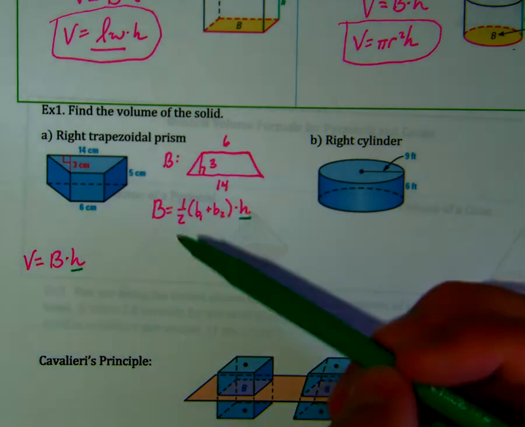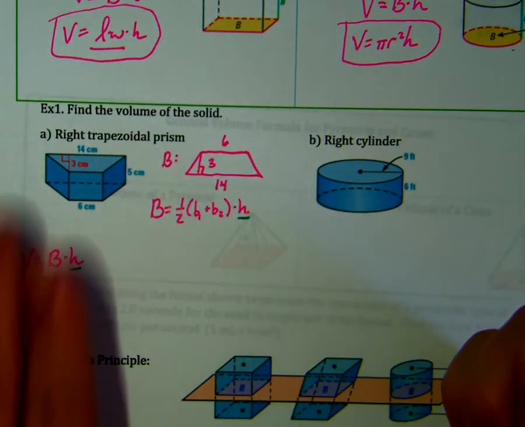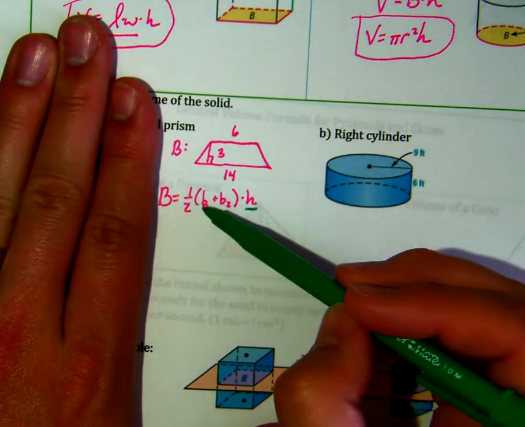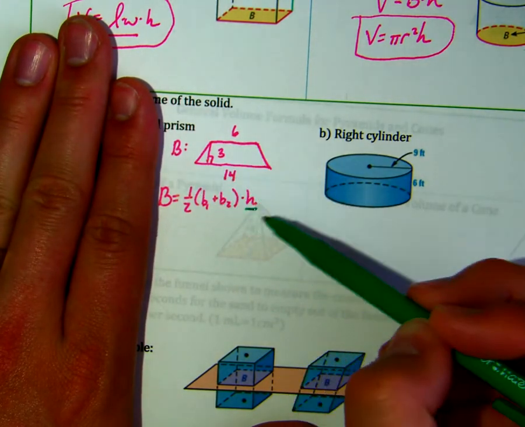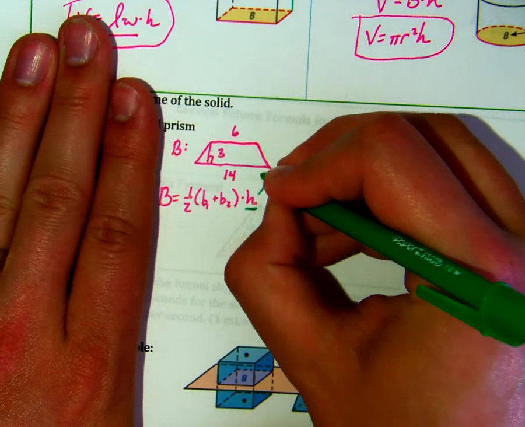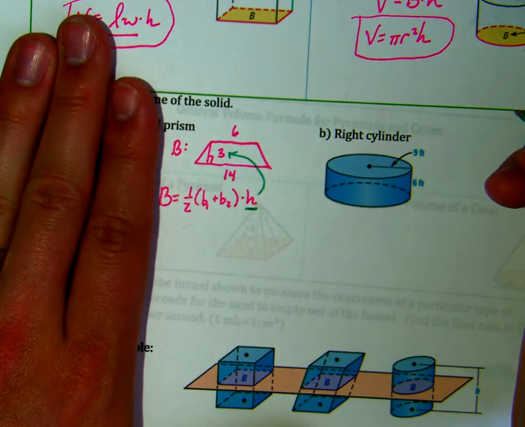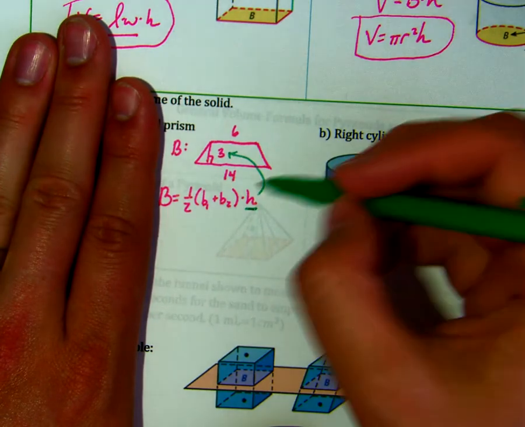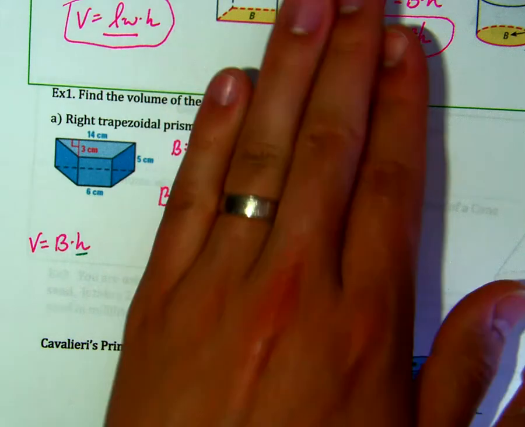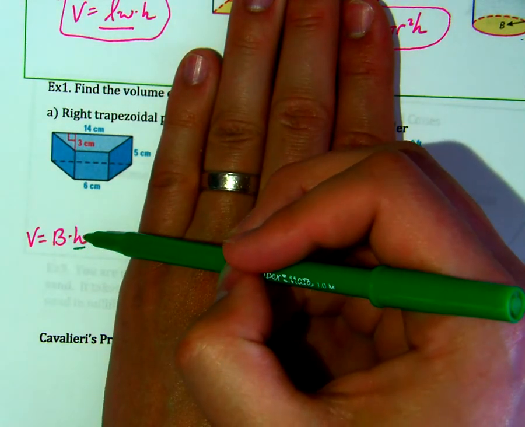Okay, this is the two-dimensional area formula. So this is you looking at this two-dimensional shape. So this is the height of the two-dimensional shape. So this h is this 3. Okay, it's the height of the two-dimensional shape, dealing with this two-dimensional area. This h is in the volume, so this h is the height of the solid.